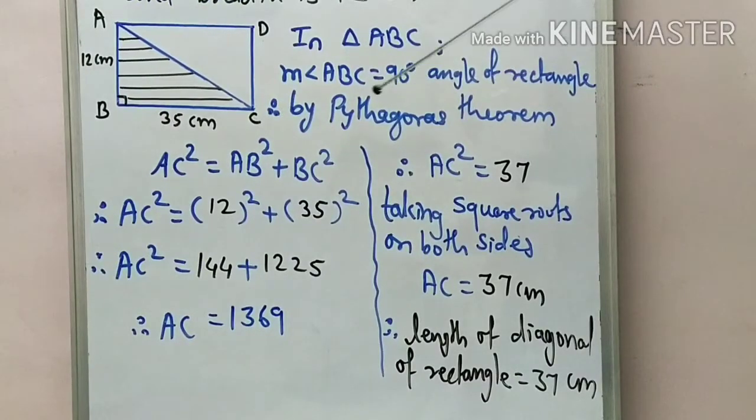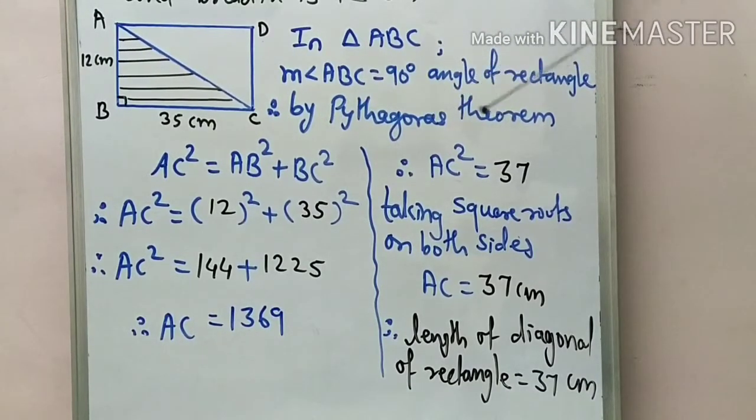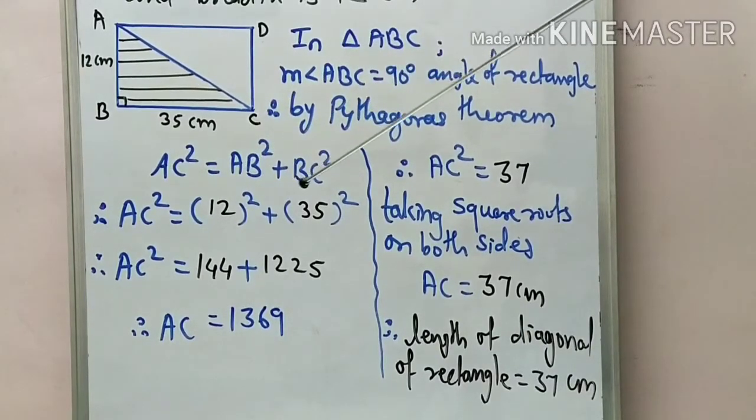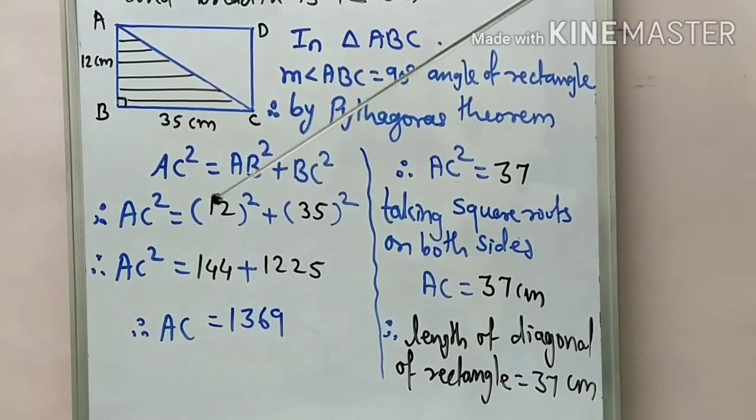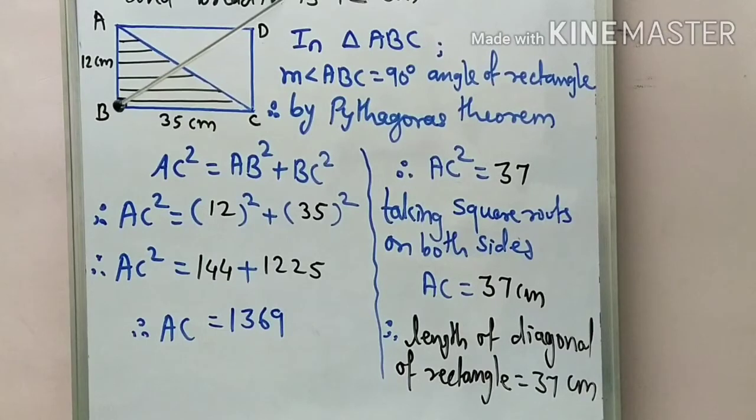So like this we solve this example. In triangle ABC, the measure of angle ABC we take as 90 degrees because it's an angle of a rectangle, and hence by Pythagoras theorem the square of hypotenuse, means AC square, equals AB square plus BC square. And now as we substitute the given values, the breadth AB is a side of the right angle triangle, which is 12 square plus square of 35.